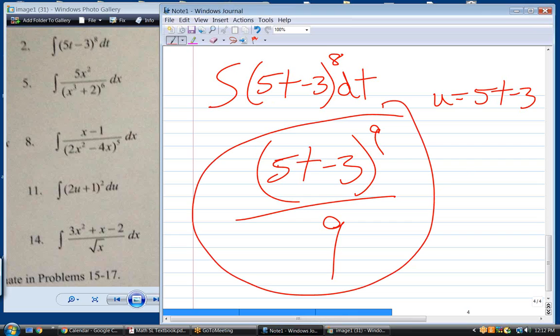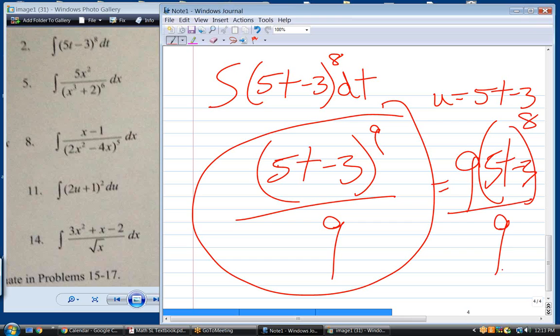The derivative is 9 times 5t minus 3 to the 8th all over 9. But then we have to use the chain rule, so we have to multiply everything by 5. Notice I don't get the same thing. I get 5 times 5t minus 3 to the 8th.